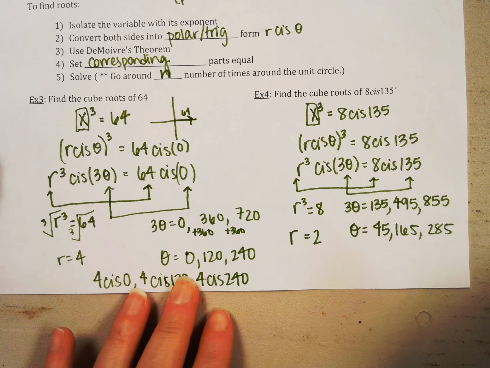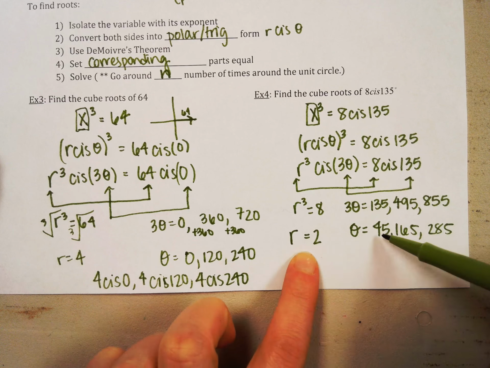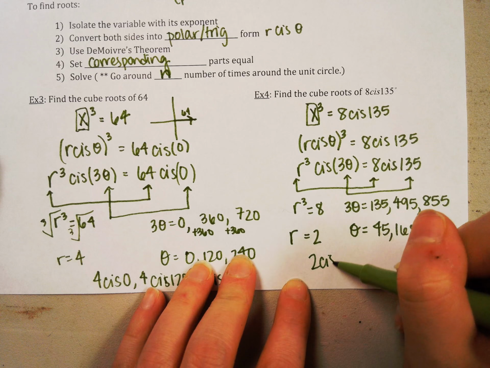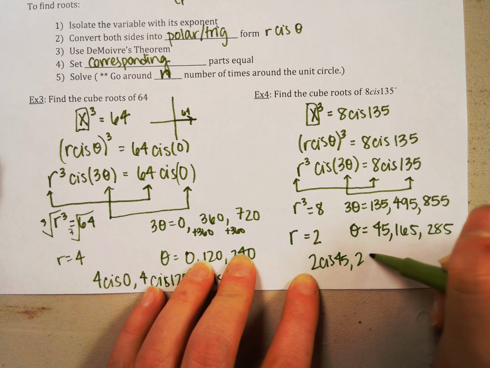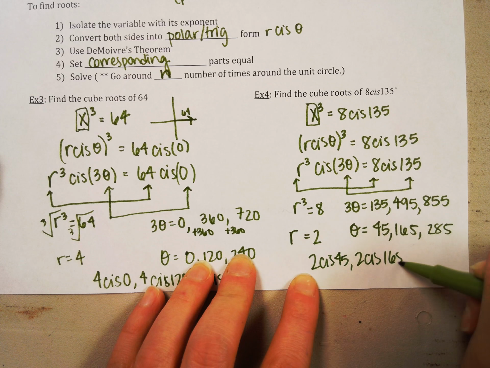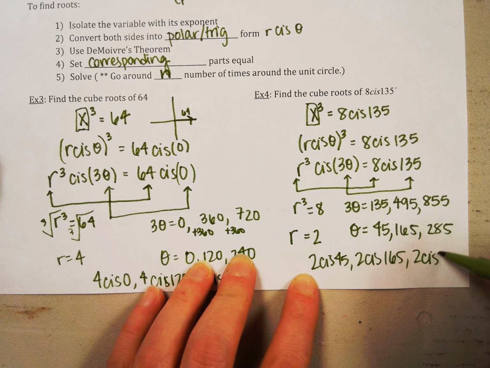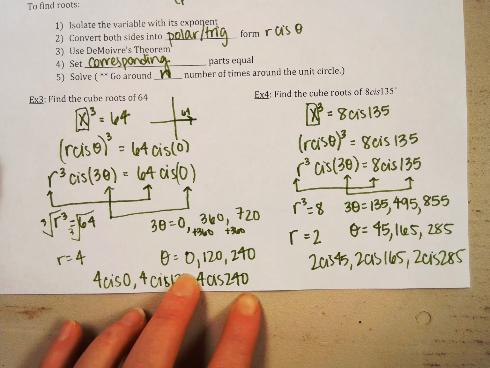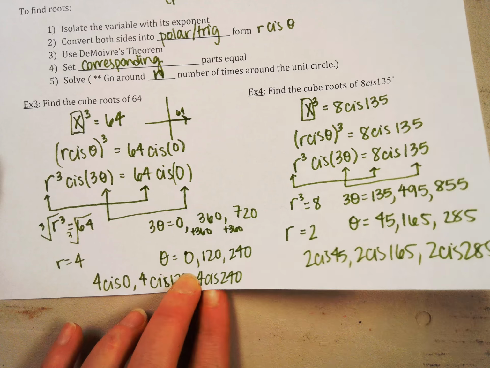So again, these represent all of my solutions. r theta, r theta, r theta. So 2 cis 45, 2 cis 165, and 2 cis 285. So that's a general process to solve for them.